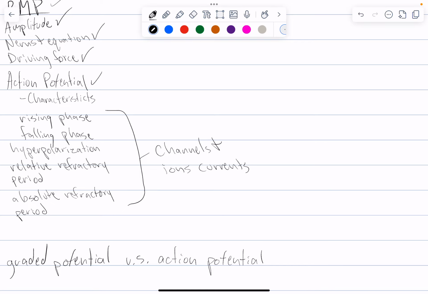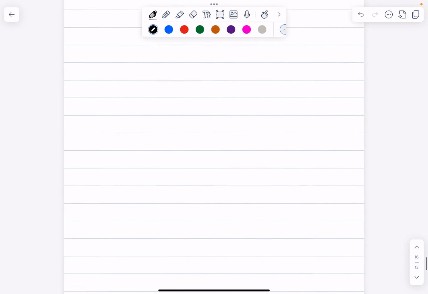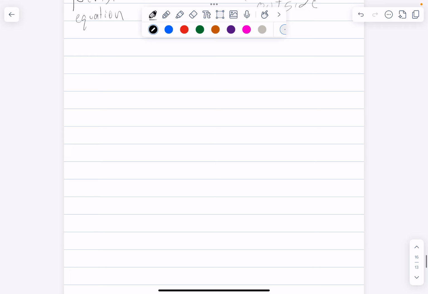So we kind of already talked about action potential, but we can talk a little bit more about it. It goes like this. This is threshold.